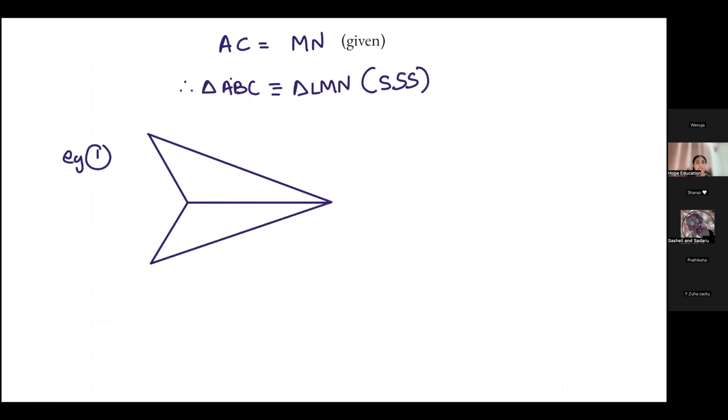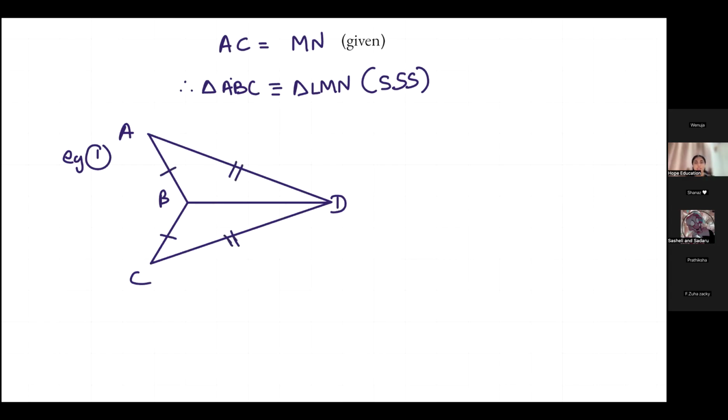So we have A, B, C, D, where this side is equal to this side and this side is equal to this side.